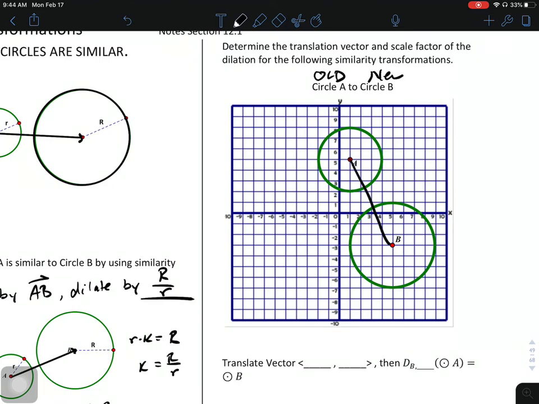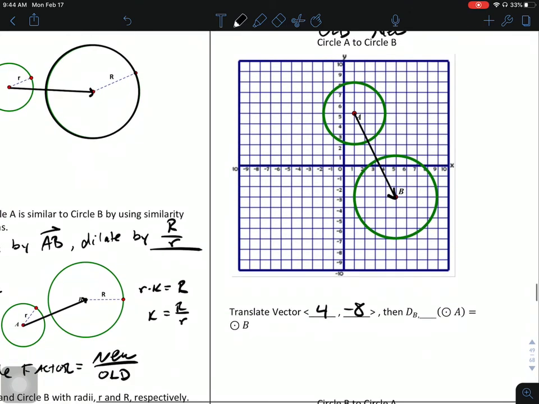To go from A to B, we're going to have to go to the right 1, 2, 3, 4. So that's vector notation, right 4. We're going to have to go down 1, 2, 3, 4, 5, 6, 7, 8. Down is negative, up is positive. Left is negative, right is positive. So to get from A to B, we have to use the vector <4, -8>.